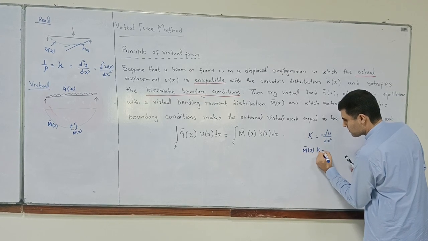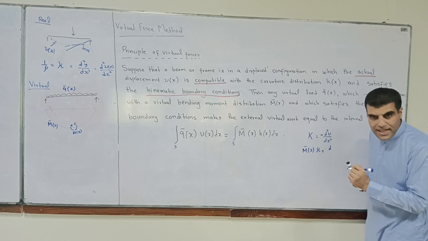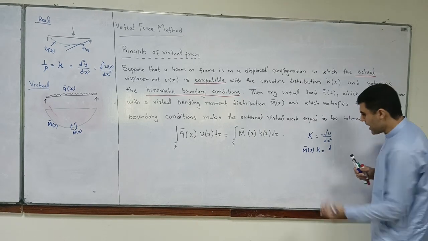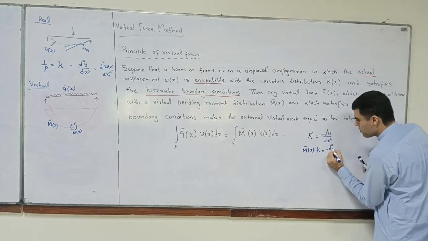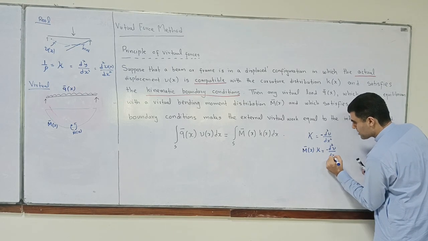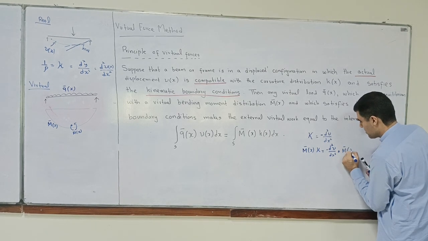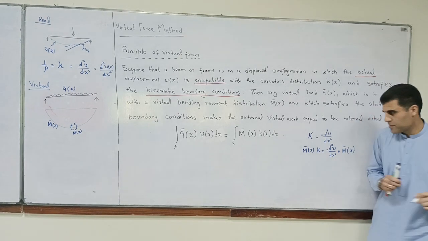You are deriving the formula. I'm just giving you a hint. I won't derive it completely, but I'm telling you where it is coming from. So minus d2v by dx squared into m bar x. Okay?